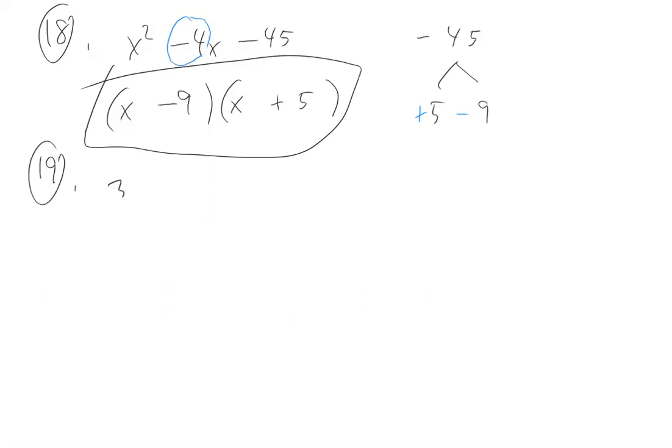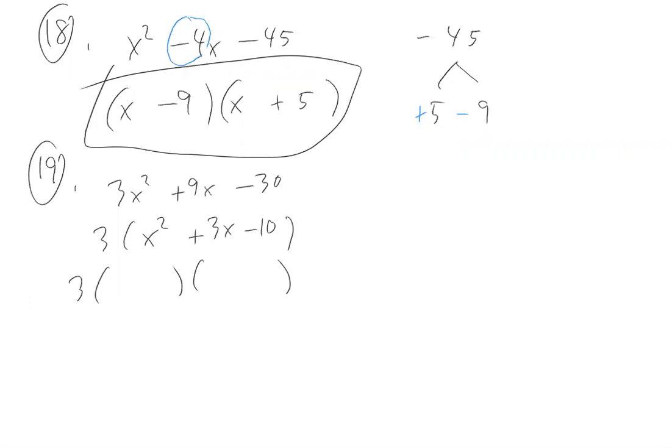Number 19 says 3x squared plus 9x minus 30. Now if there's a common number, you have to take it out. And there's 3. So we have to take that out. And then we're left with that. Now we leave the 3 on the outside, but we break the other part apart into two different factors.